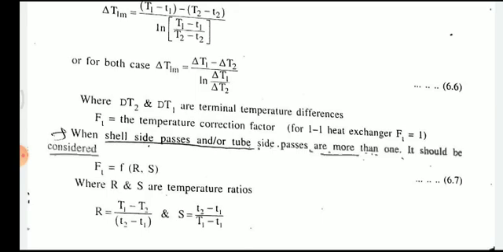Now F of T, the temperature correction factor for one shell and one tube pass heat exchanger, F of T is equal to 1.